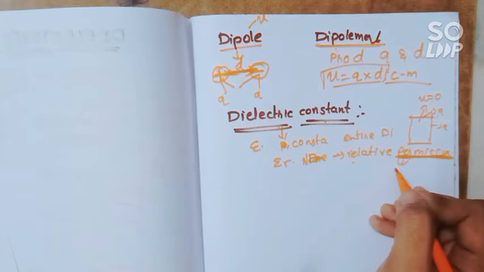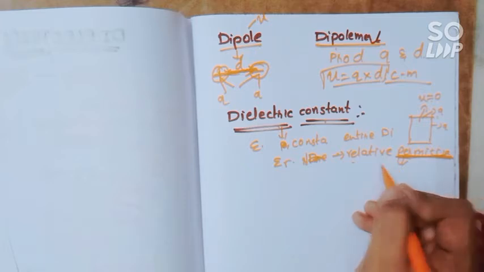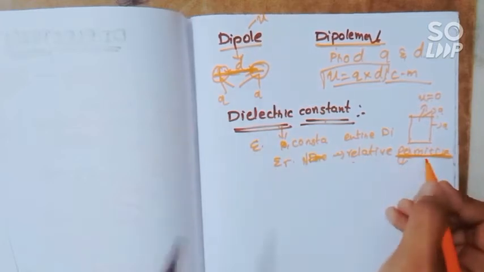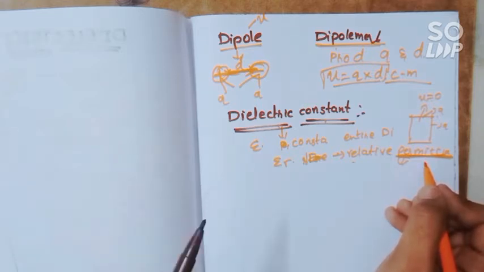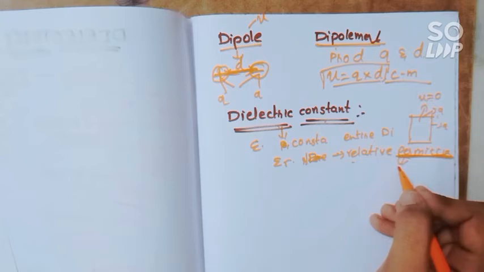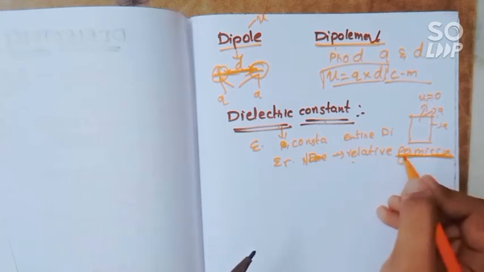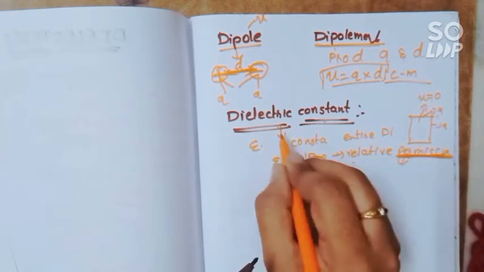The ability of a medium to change the dipole moment or dipole properties is called permittivity. In magnetism, the ability to change the magnetization of a material is known as permittivity, and in dielectrics, the ability of a medium to change the dielectric properties is called permittivity.